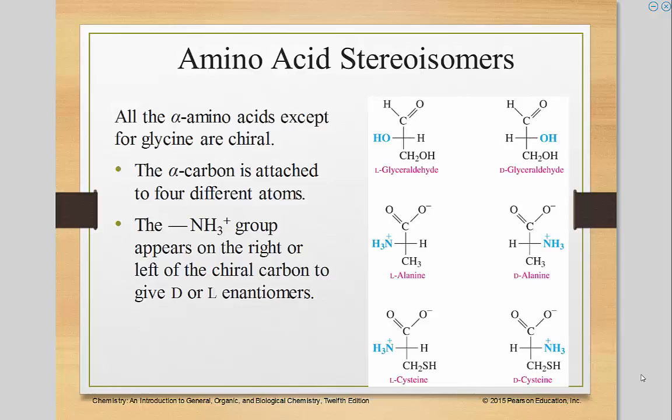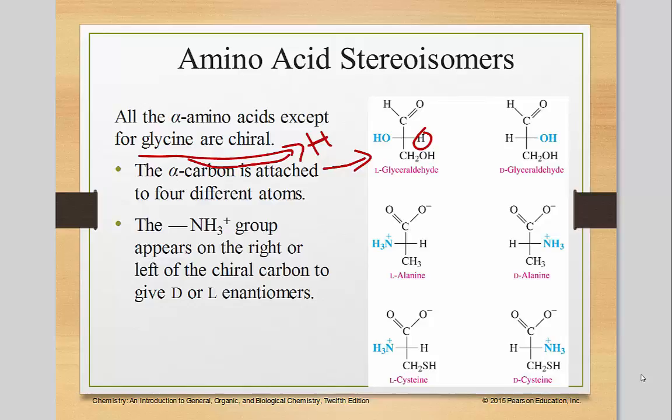All the amino acids except for glycine are chiral. I mentioned that before because glycine is the only one where the R group is a hydrogen, which is the same as here. Alright, so let's take a look at how we did the chiral L and D classifications when we were using it with carbohydrates.